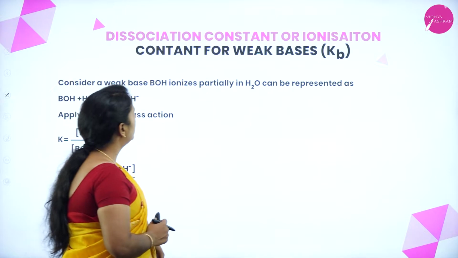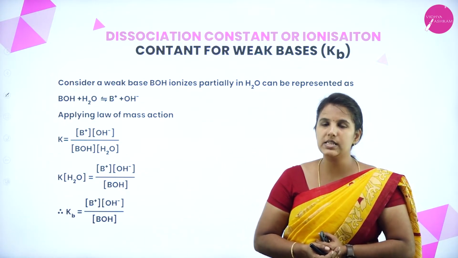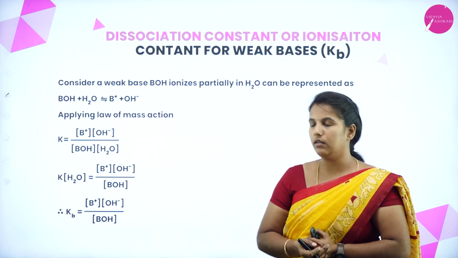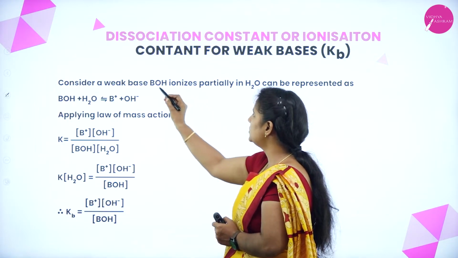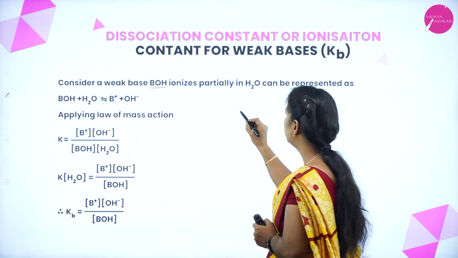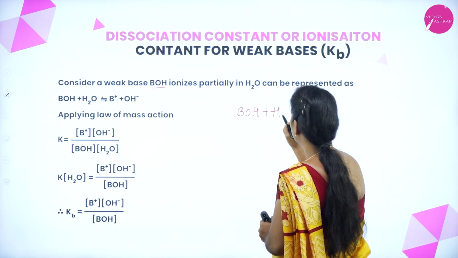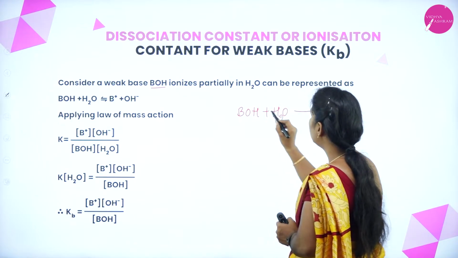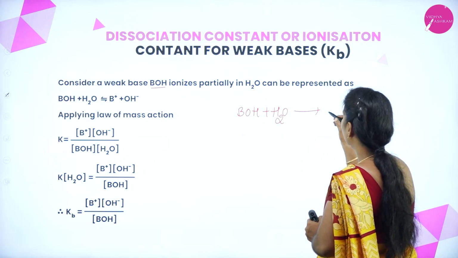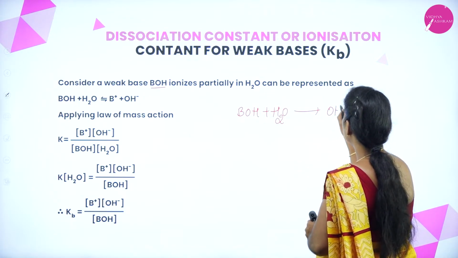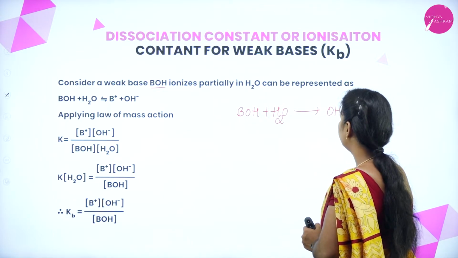We have one more derivation, for the dissociation constant of a weak base, and it is represented as Kb. Let us consider the weak base BOH, which is allowed to react with the water molecule. We know that the water molecule takes up a proton, thereby forming the OH minus ion plus the B plus ion.